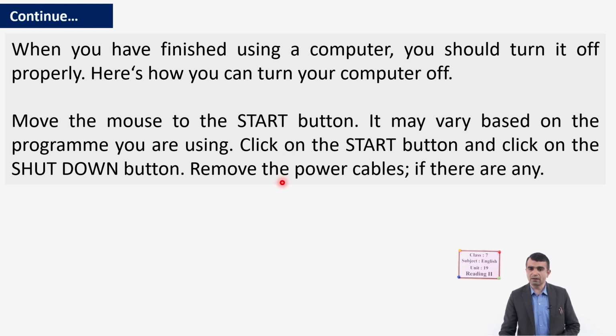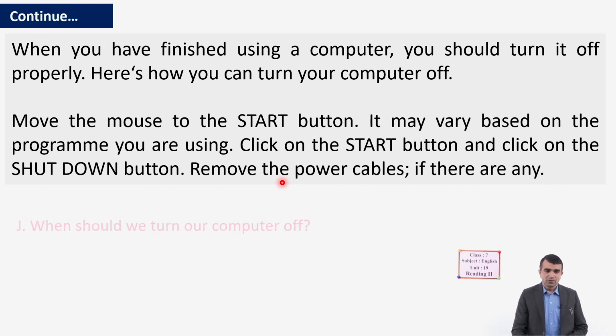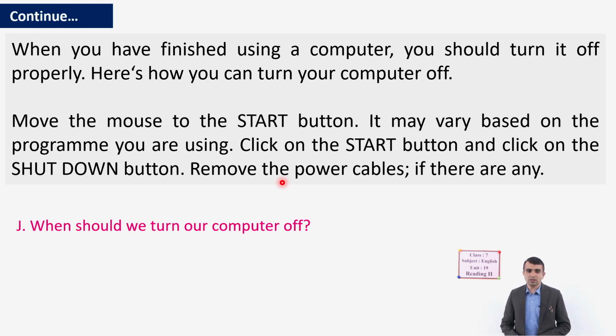Remove the power cables if there are any. Okay. Now, when should we turn our computer off? When we have finished using a computer, when we have completed our task, isn't it?